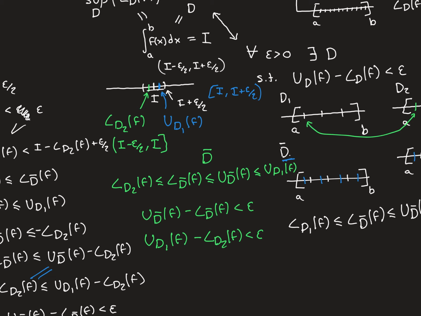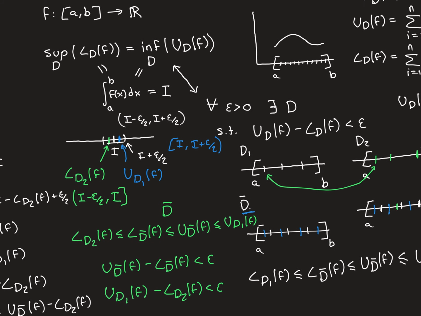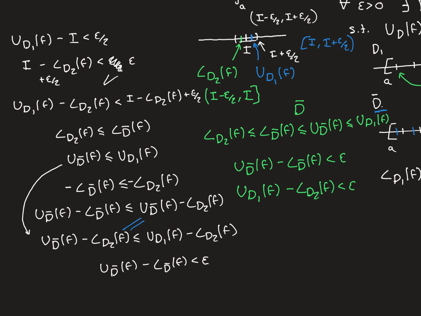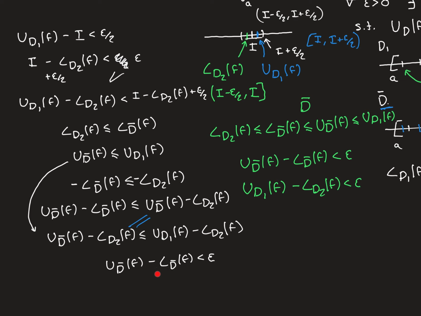So let's make a conclusion from this now. What I just did is, given an epsilon greater than 0, I showed you how you can find a dissection. The final dissection is this d bar, such that the difference between the upper Riemann sum and the lower Riemann sum is guaranteed to be less than epsilon.